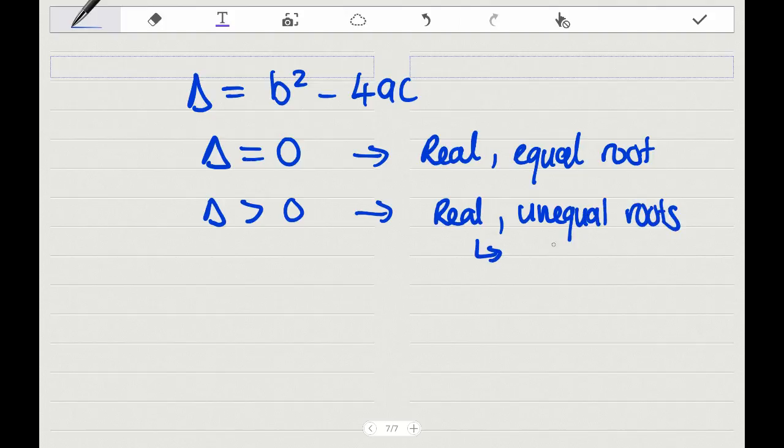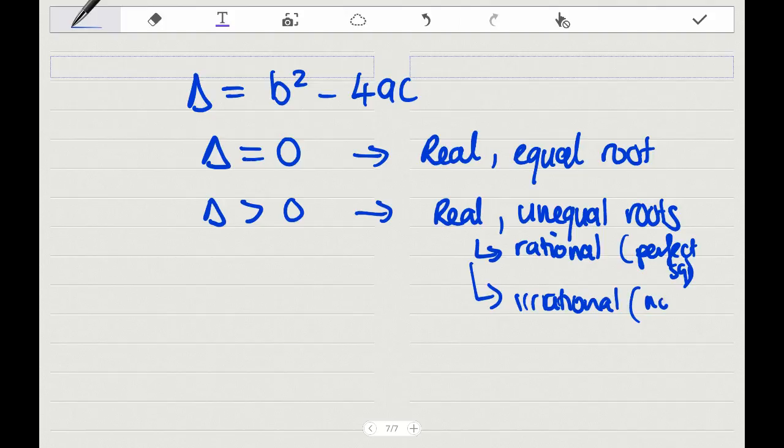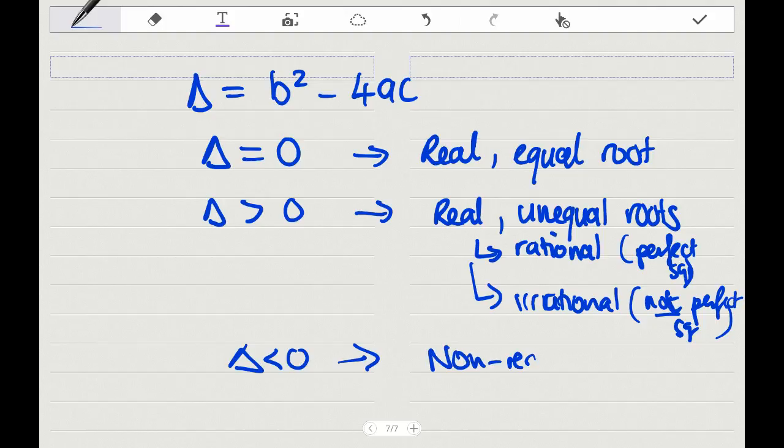Okay, and this can either be rational if it is a perfect square, or irrational if it is not a perfect square. Lastly, if delta is less than 0, then what we have is a non-real root.